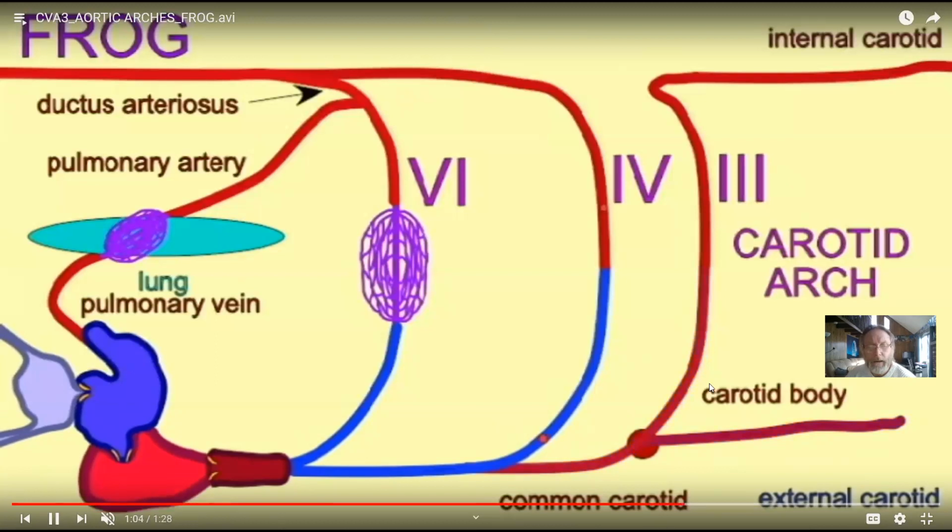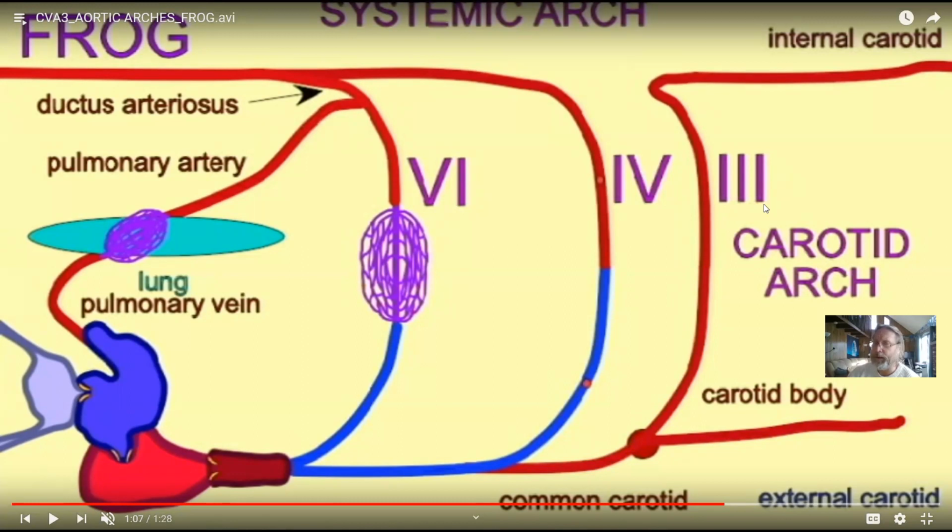And the common carotid, which did not exist in fish, then becomes a blood vessel in the land vertebrates. In humans, coming off the arch of the aorta, we have a common carotid artery, which then branches to the external carotid artery to the face and the internal carotid artery to the brain. And once again, we have those special sensors right here. So that's what happens not only in frogs, but in the third arch of mammals.